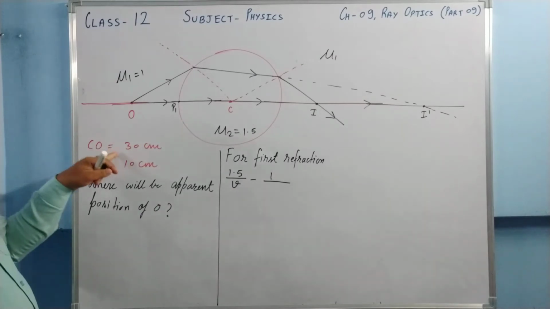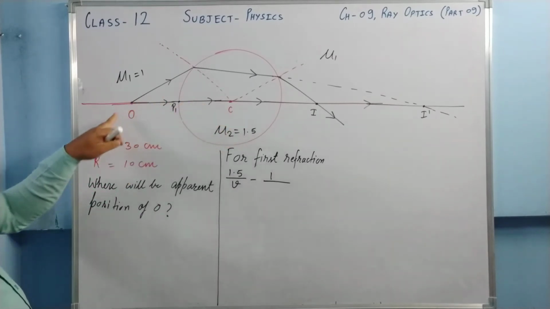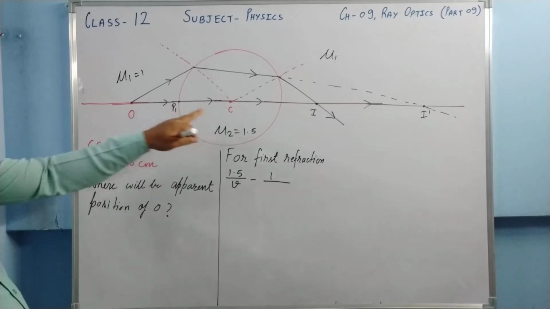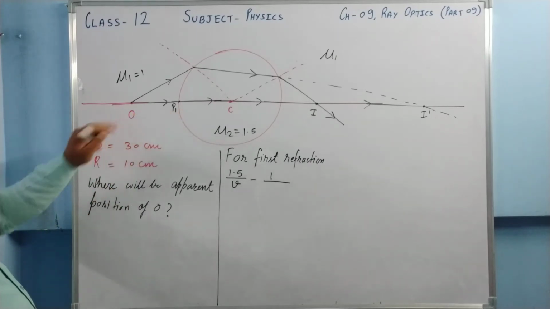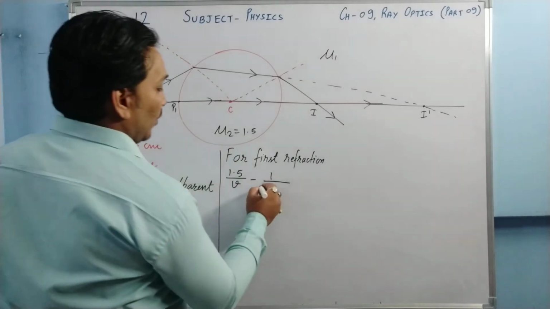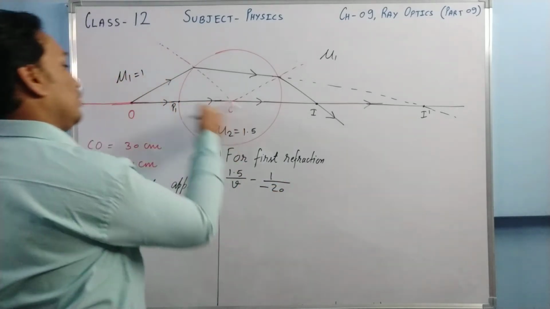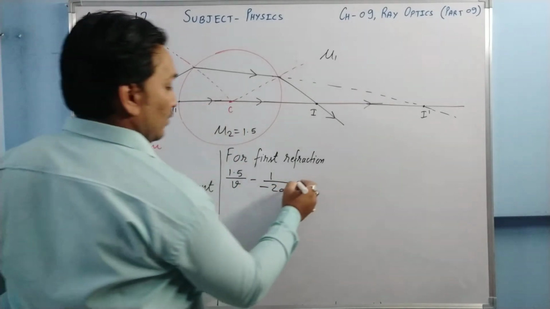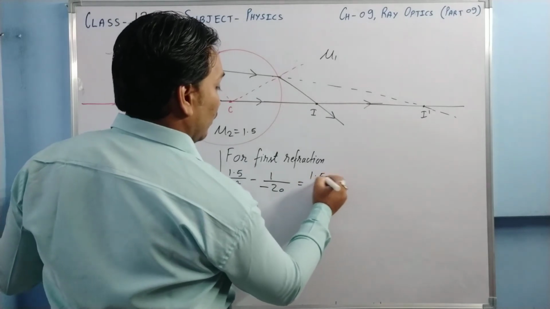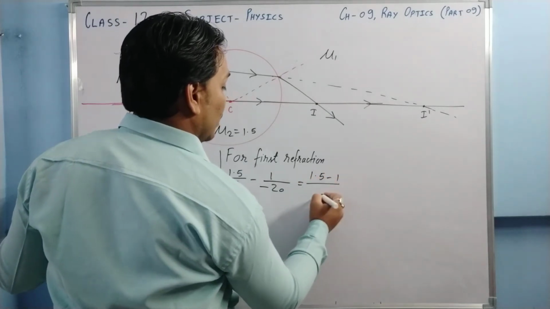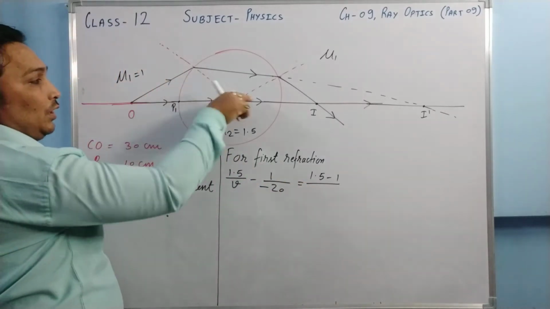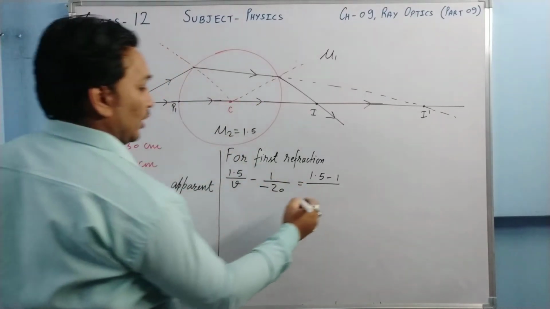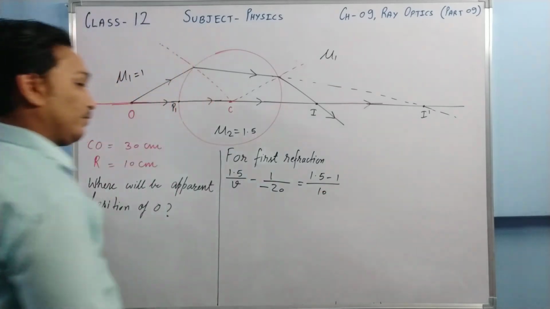Now just see, CO is given 30 centimeter and CP1 will be the radius of curvature, it is 10. So from P1 to O it is 20. So it will be minus 20. Why is it so? Because we are moving this side, is equal to refractive index of second minus refractive index of first upon radius of curvature. Radius of curvature for P1 to C, we are going that side, so it should be positive. It should be plus 10.